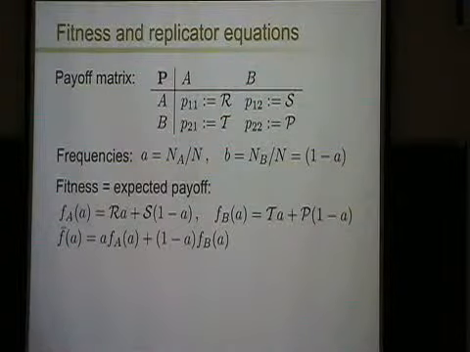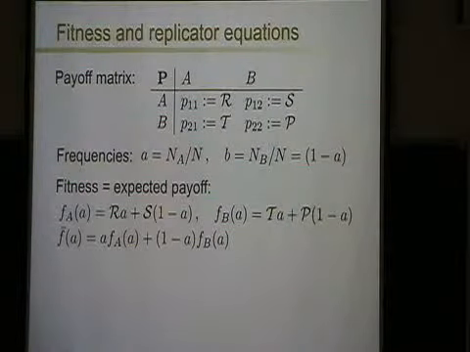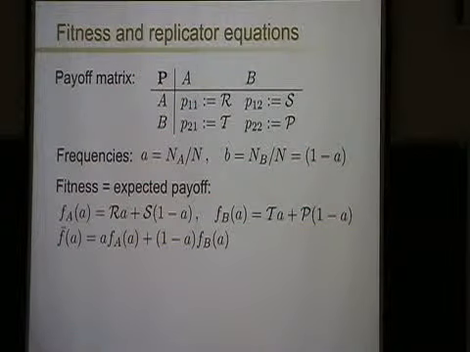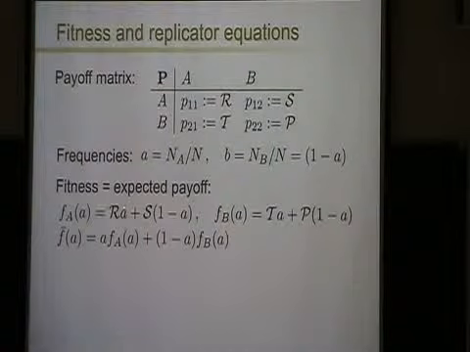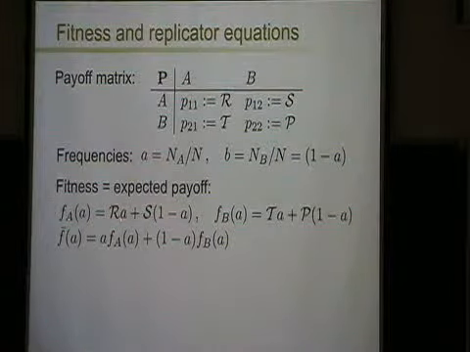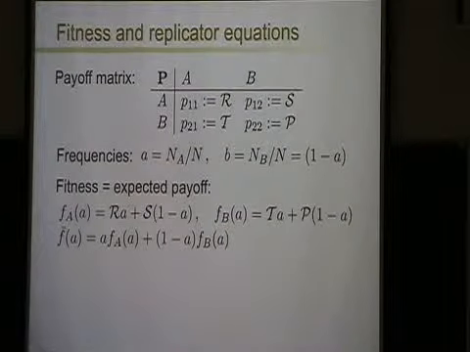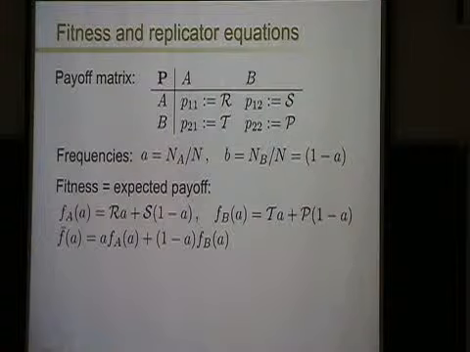Now, you translate the payoff into fitness by saying that the fitness equals the expected payoff, and later on the fitness will be proportional to the growth rate of your species A or B. So the expected payoff is simply written down by multiplying the frequency of a particular strategy, A, by the payoff, which would be here for player A, the reward times the fraction of players playing strategy A, plus the sucker's payoff if your opponent is actually betraying you and is playing the other strategy.